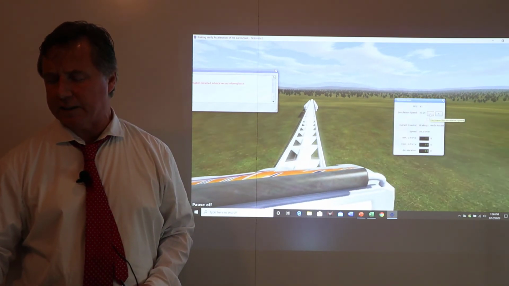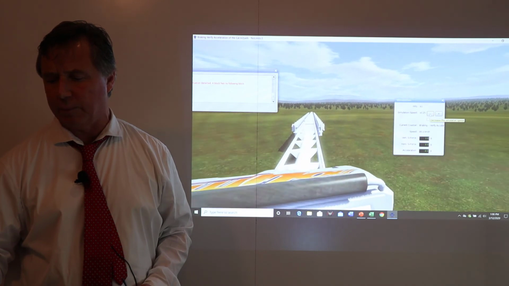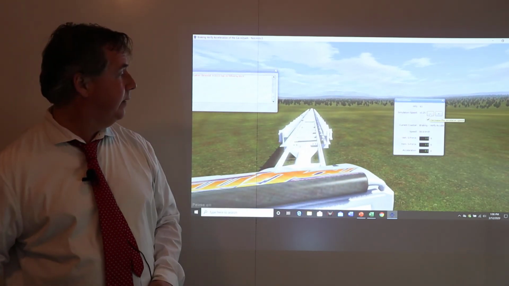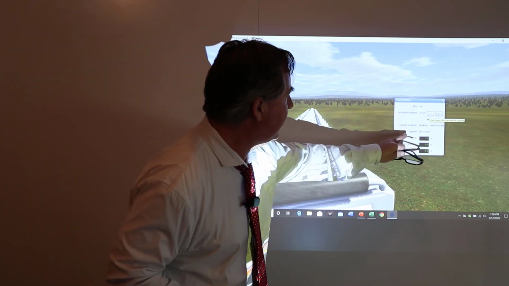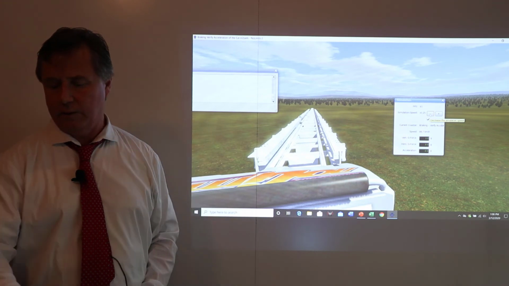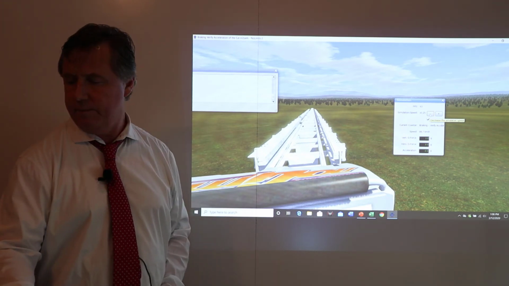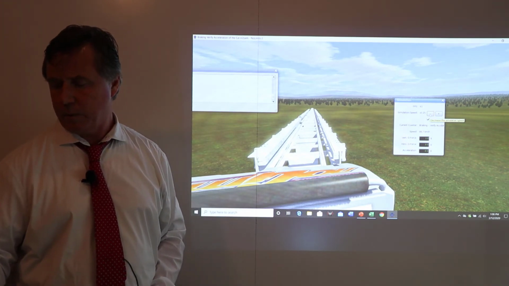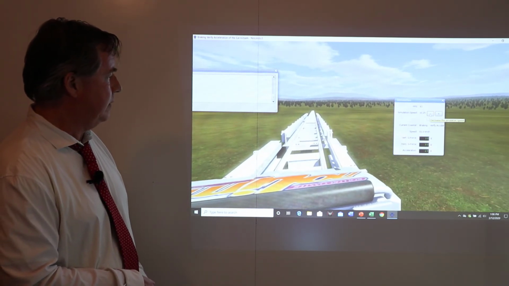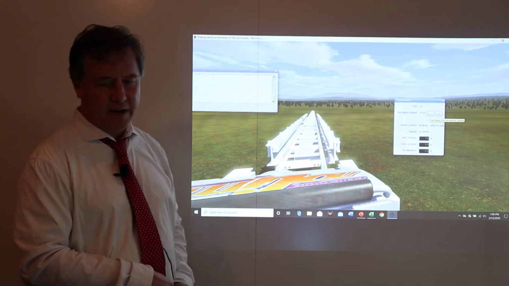Well, I want to know the velocity right before it starts to go into the braking station. Okay, there's the braking station right here. And let's see what the velocity is. So the velocity is about 98.7 kilometers per hour, and that's about 19.5 meters.